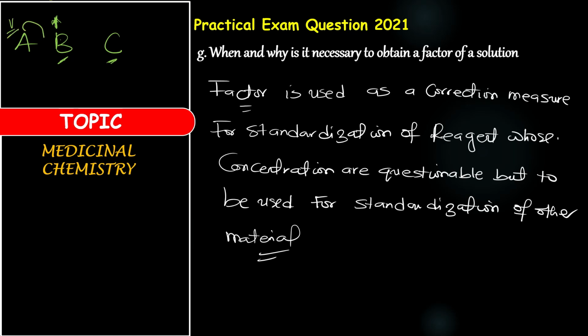We use A to get the exact amount of B. Then that of B is what we are going to use to get that of C. B is unknown, but you want to use B. A and C cannot react, but B and C can react. You want to use B to get C, but you don't even know the concentration of B. But you can get the concentration of B from A. So first of all, use A to get B, then use B to get C. That correction, when A and B react, whatever will give you the exact concentration of B, is what we call the factor. All right, so that is that.